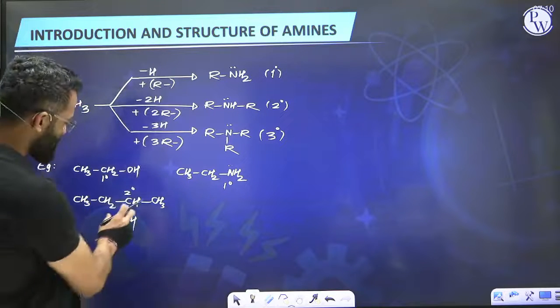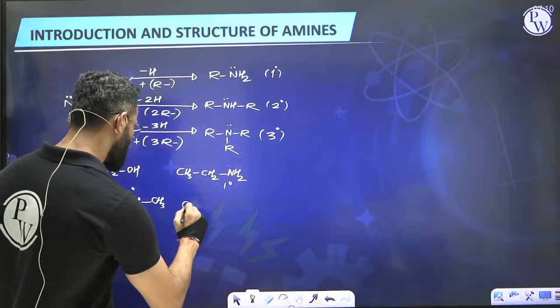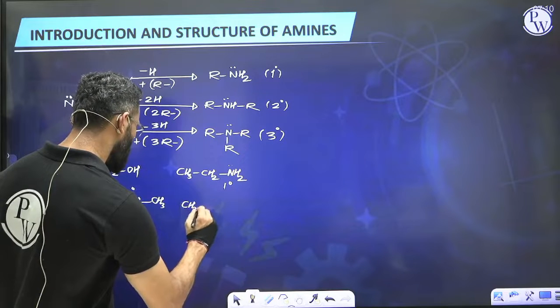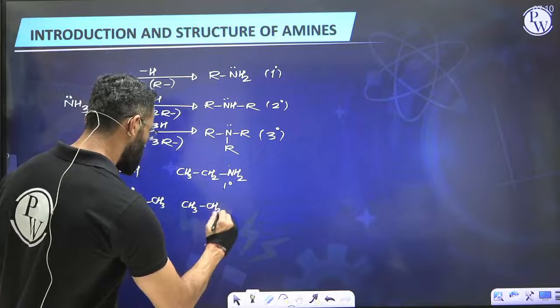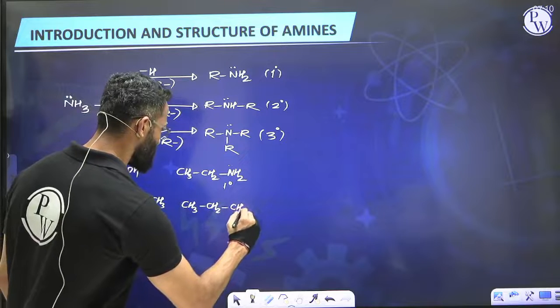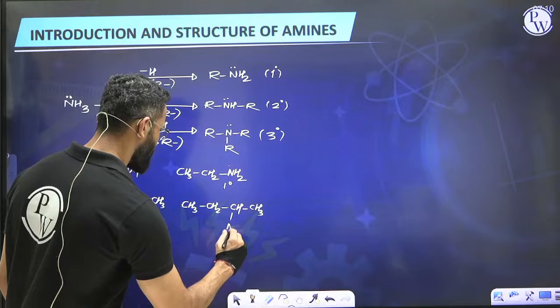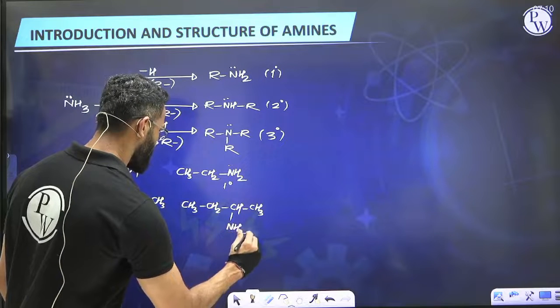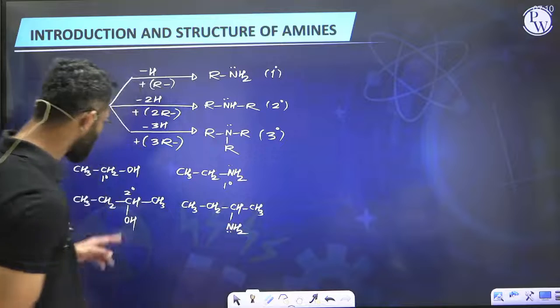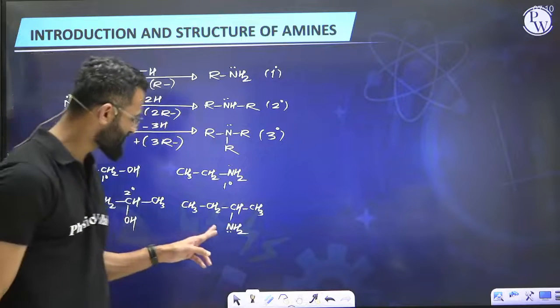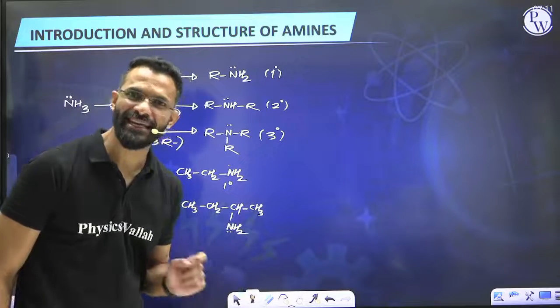Now if I just change the function of OH to NH2, structurally it will look like this. Now we say this is secondary butyl alcohol, we say this is secondary butyl amine, but what is its degree?